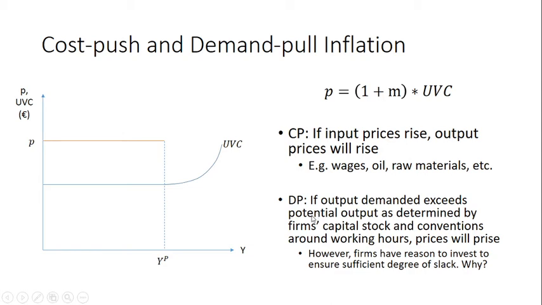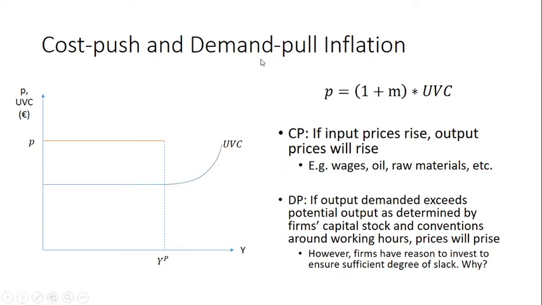There is room for demand pull inflation, at least in theory, so long as you get to a situation in which output demanded exceeds the potential output. So consumers want goods to such an extent that the firm's capacity is overshot.